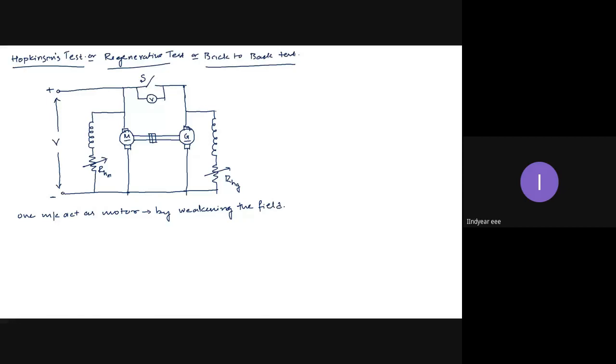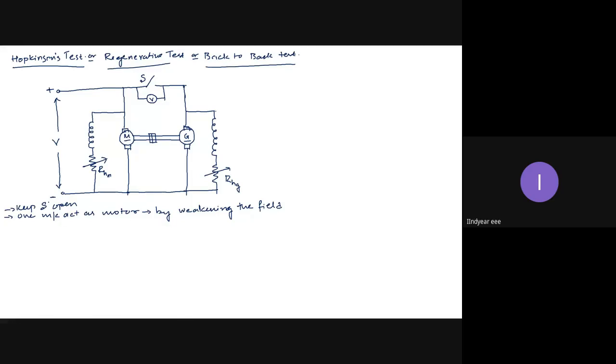This is done by weakening the field, keeping the switch open. Okay. So first thing, what we have to do is keep the switch open. Now, when I keep the switch open, there is no electrical supply given to the generator. Okay. Then one machine acts as motor.